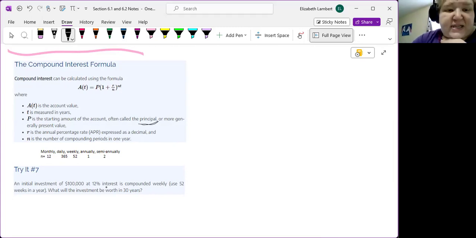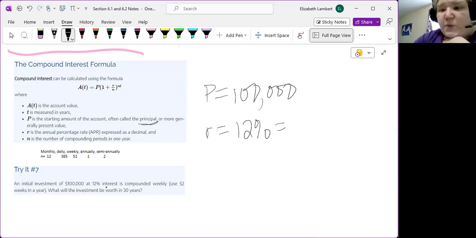So they tell us our P is $100,000. Our R is 12%, which we would then write as 0.12. Our N, they said compounded weekly. And then they specifically say afterward, use 52 weeks in a year.